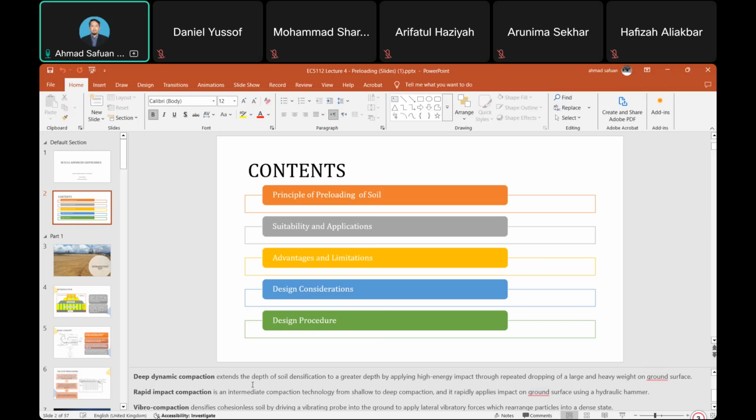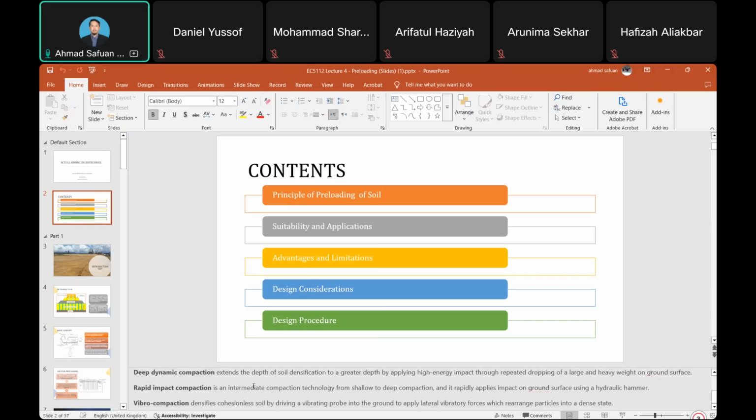Then we also have vibro compaction, where the idea is to densify granular soil by driving a vibrating probe into the ground to apply lateral vibratory force which rearranges particles into a dense state. So that is what has been discussed before.